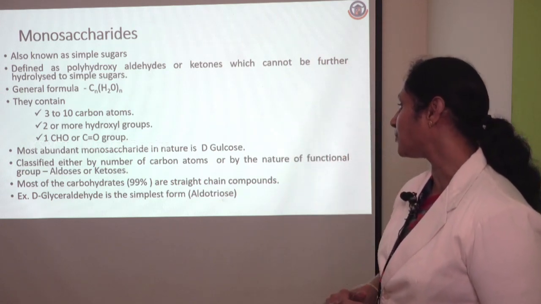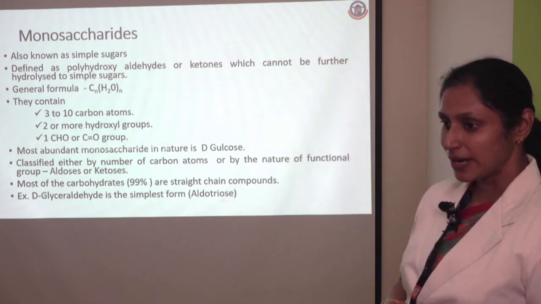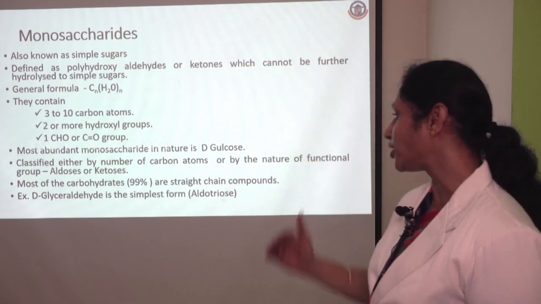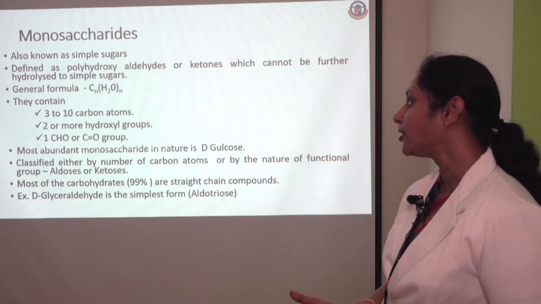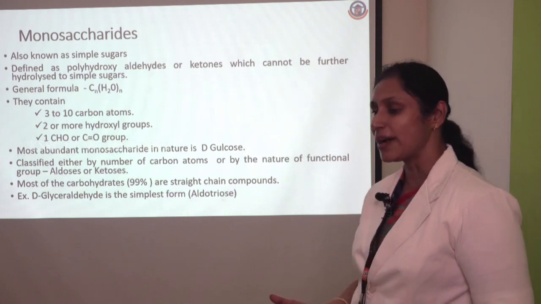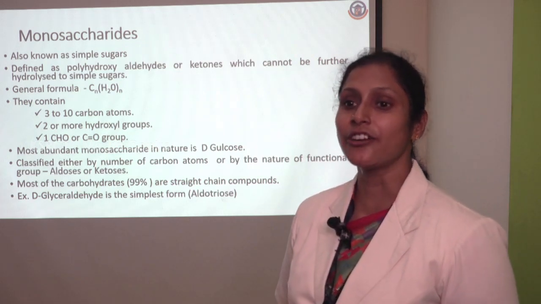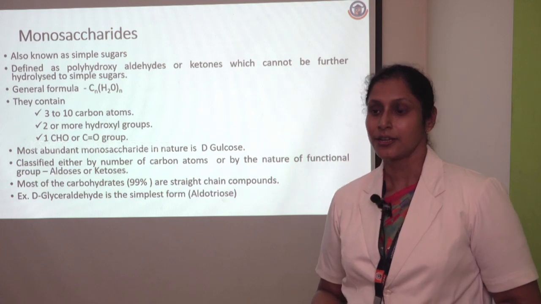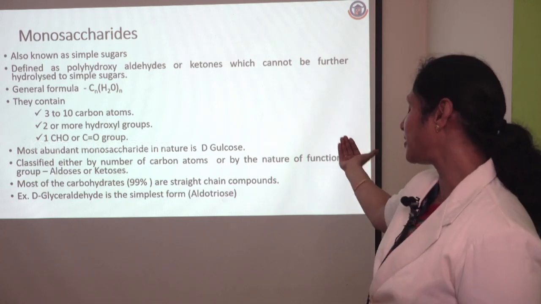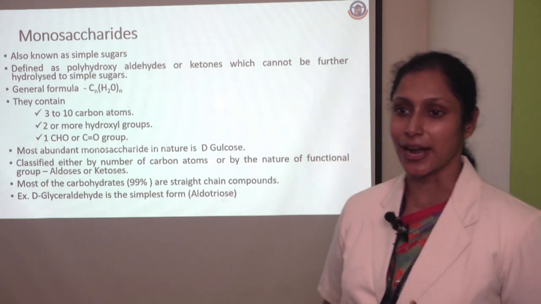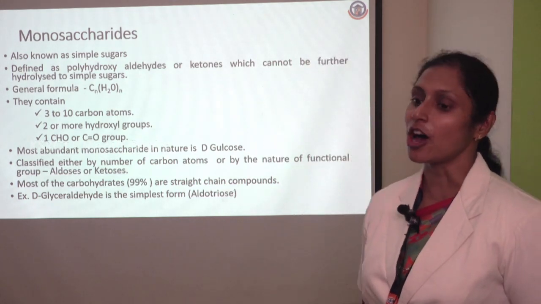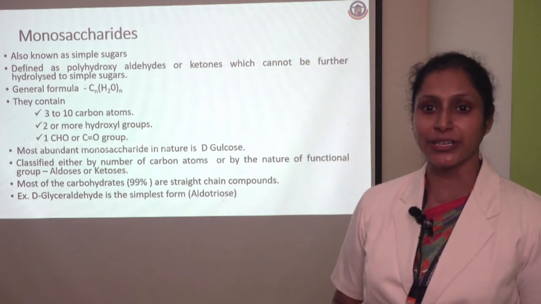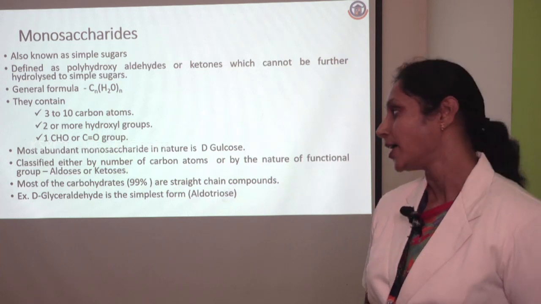The most abundant monosaccharide in nature is the D-glucose molecule. Coming to classification, they are classified by number of carbon atoms or by the nature of the functional group that is present. By the functional group, carbohydrates are classified into aldoses and ketoses, and by number of carbon atoms, into trioses, tetroses, pentoses and hexoses.